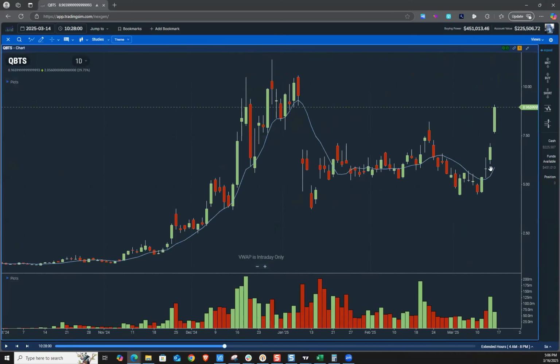Okay, so daily chart. They released earnings. There's an upcoming catalyst next week with NVIDIA, and then also there's some random quantum computing summit based thing.